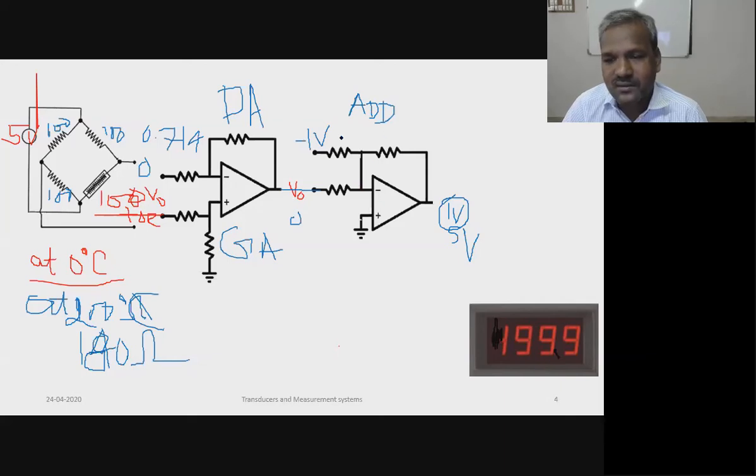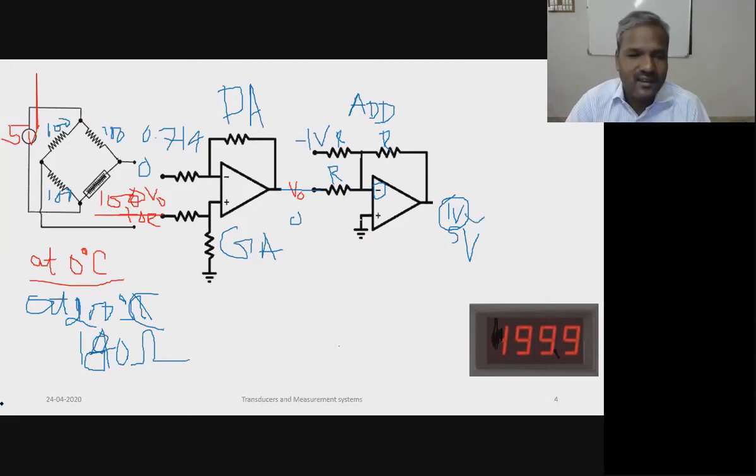These are all equal resistances, say 1K. Just an adder only. If we give 0 volt to the adder, minus 1 is added to the inverting terminal, so you will get 1 volt. So understand or not? Right.